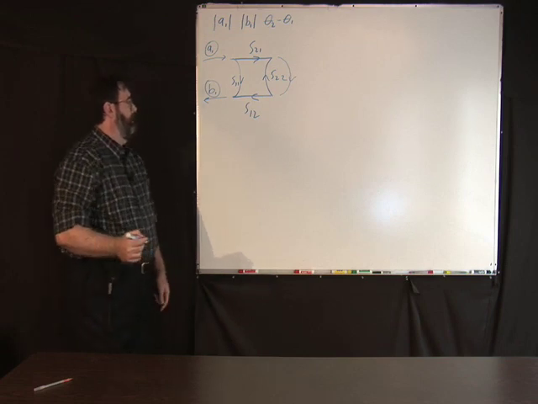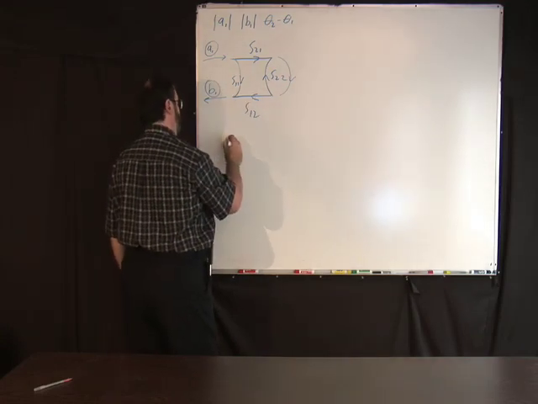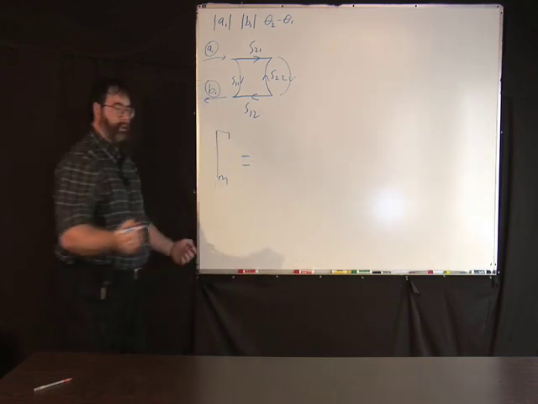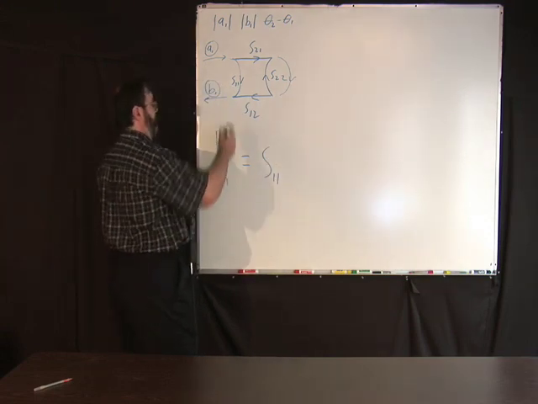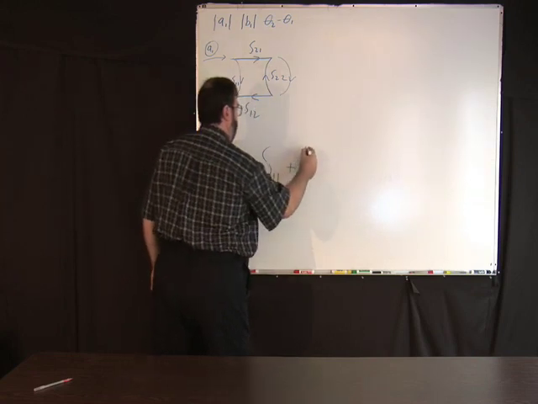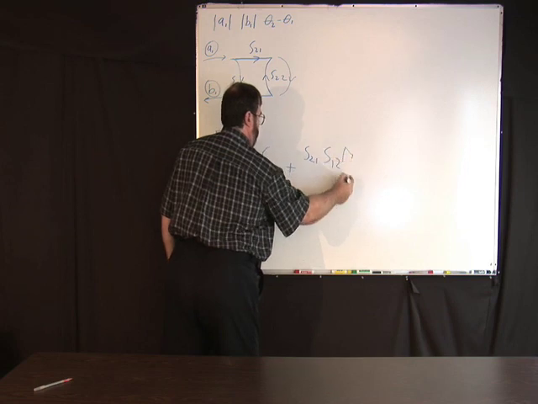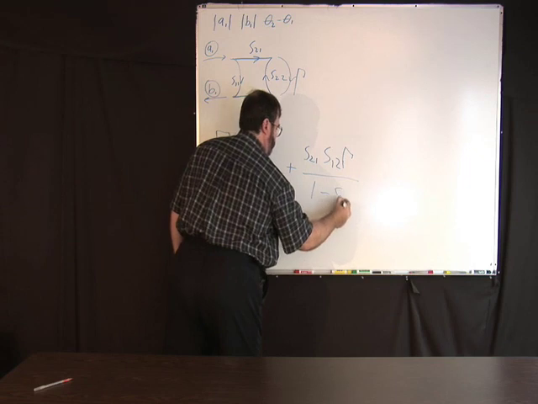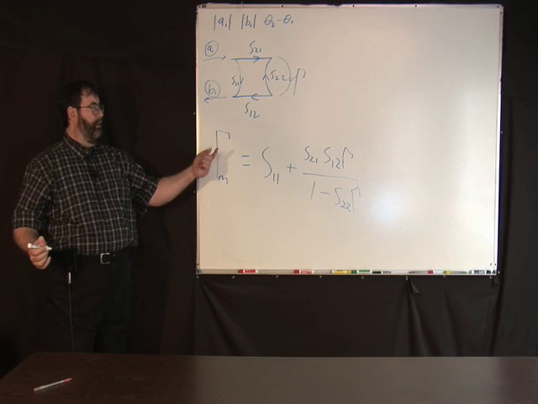The measured gamma, from last time, is going to be equal to S11, whatever reflection is there in the coupler with no reflection actually present, plus S21 S12 gamma, whatever this gamma is out here, over 1 minus S22 gamma. So this is true. This is what you measure.